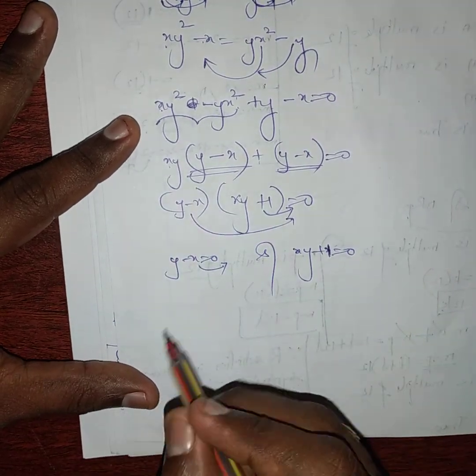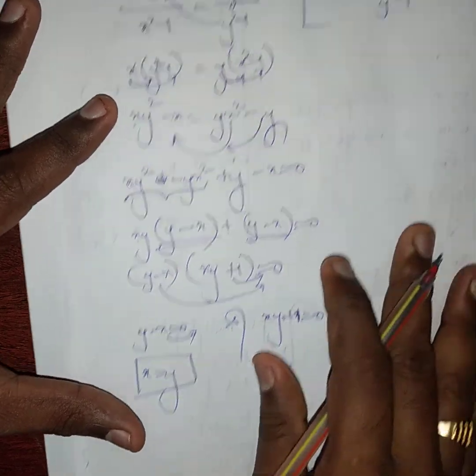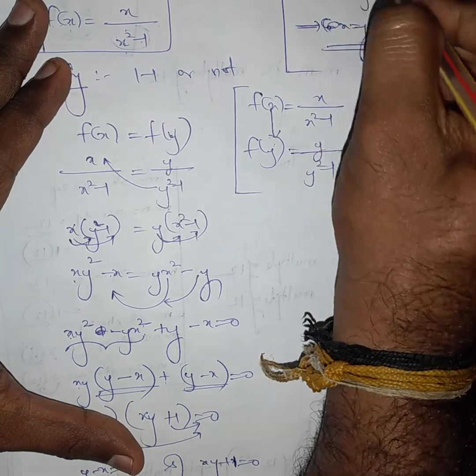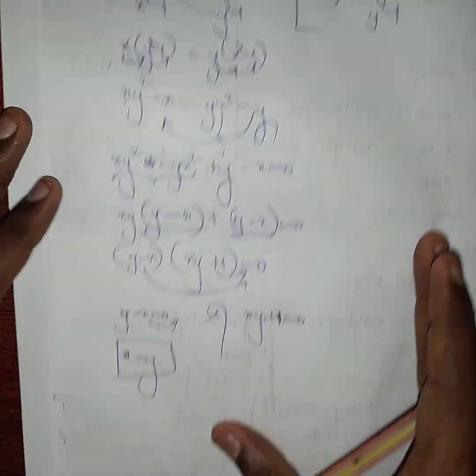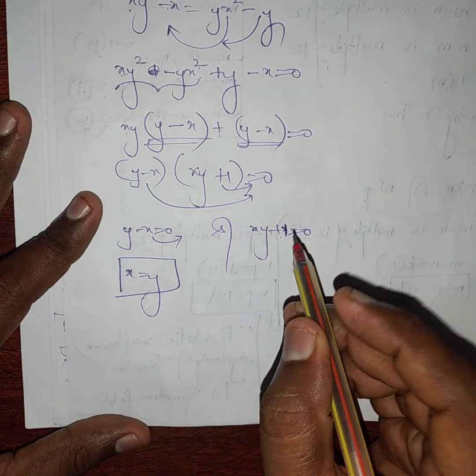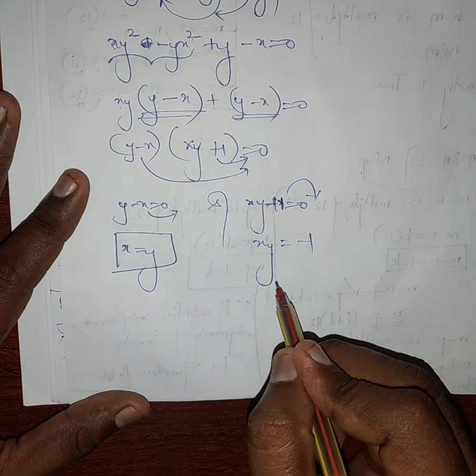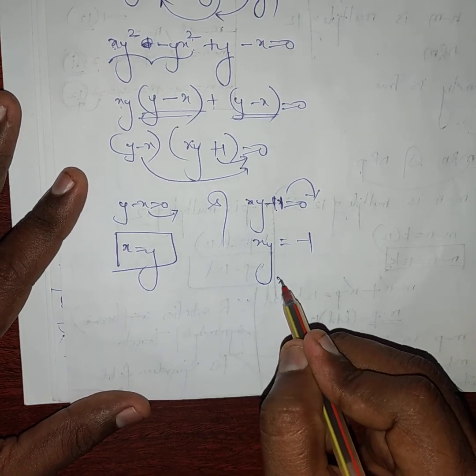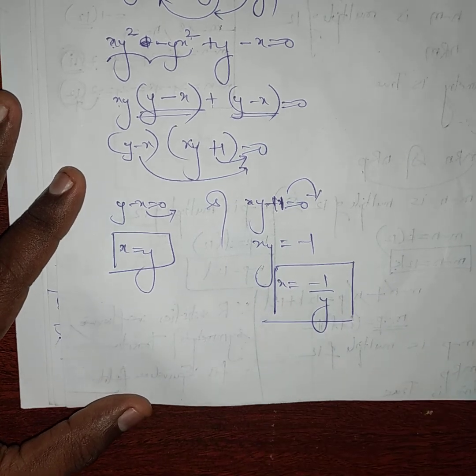Let minus x come this side, becomes x is equal to y. So what we needed to get, we have got: x is equal to y. But the problem is this one. See what is present here: xy is equal to minus 1, so x is equal to minus 1 by y.